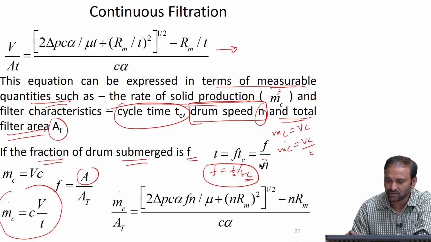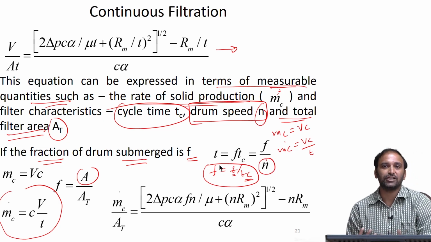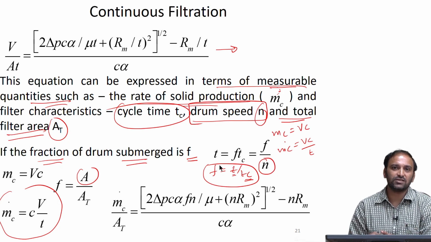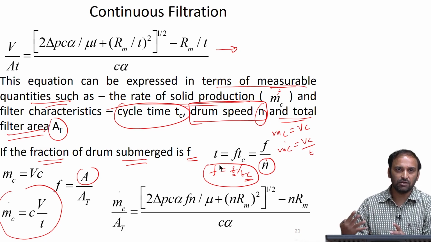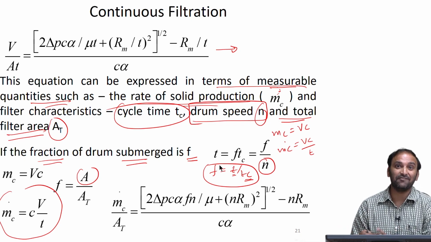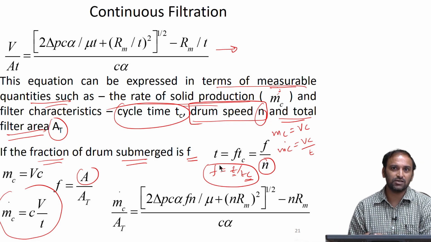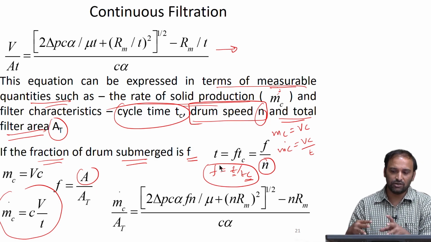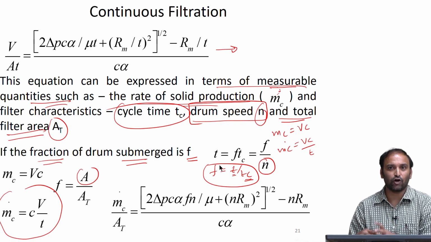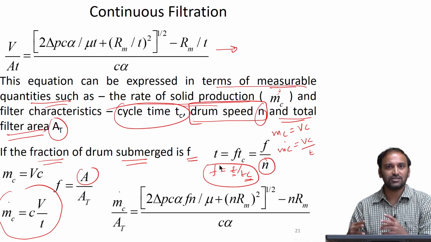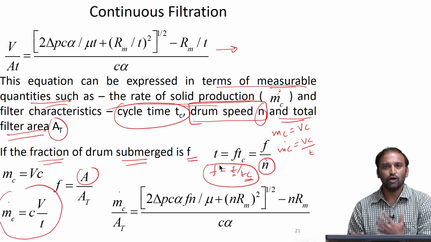This essentially depends on the rotation speed, that is, the speed at which the drum is being rotated. If it is rotating very fast, the drum is in contact with the fluid for a shorter period of time. However, if it is rotating very slowly, the drum is in contact with the slurry for a longer period of time.